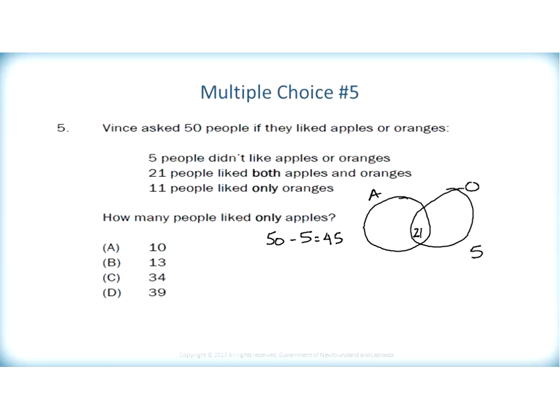We know that there's 11 that only like oranges. So we have this region right here being X. So if we take the 45 from the union, subtract the 32 for the people that only liked oranges and the people that like both, we get 13. So X would equal 13.